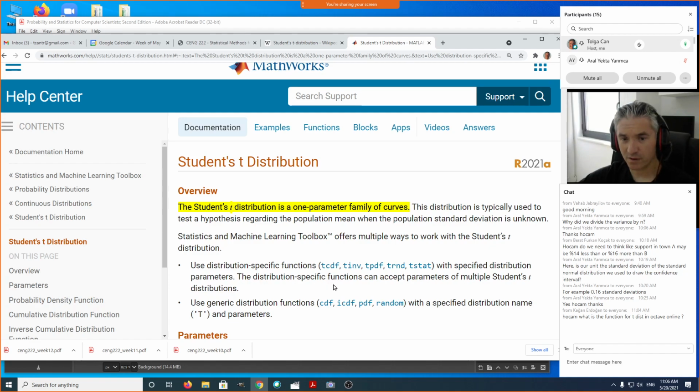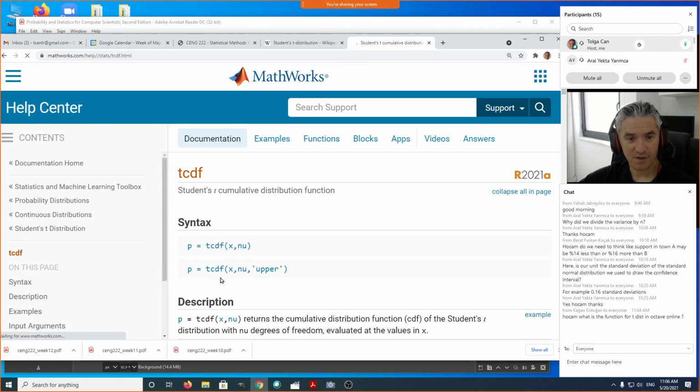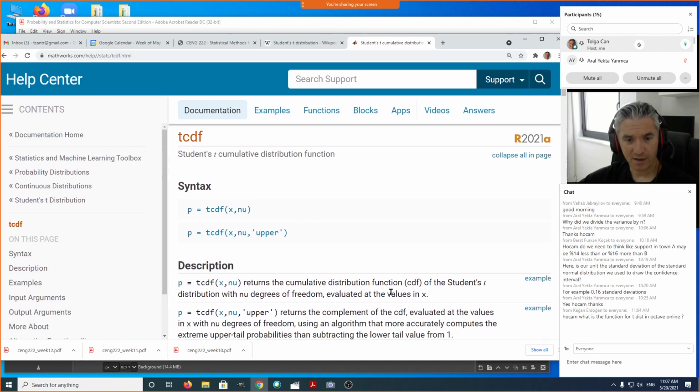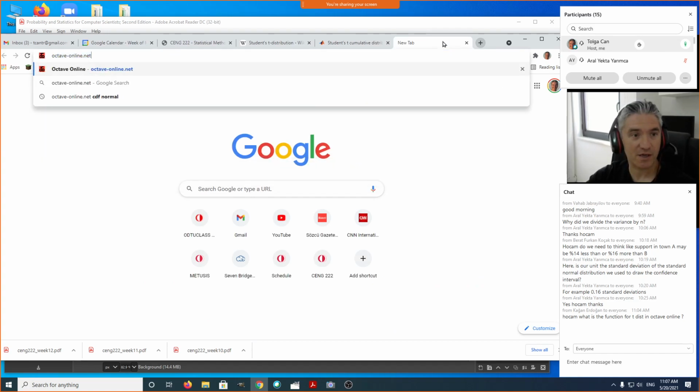The tcdf function will give you this. Nu, I think, is the degree of freedom. So this is the CDF. If we plug in tcdf of 2.89 with 17, we'll probably get 0.995. Let's go to Octave Online quickly.